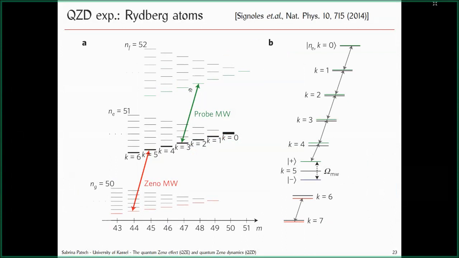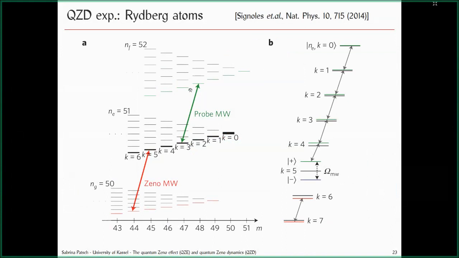So you can assume them to be a large n-level system. Since we have magnetic quantum numbers of like 49, 50, or 51 here, you have a Hilbert space or a spin system which is of dimension around 50. And then you can simply drive, again, Rabi oscillation on this large spin system.